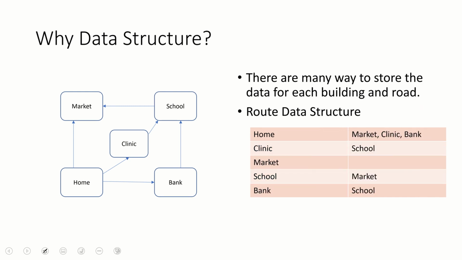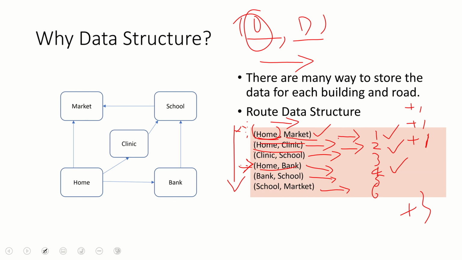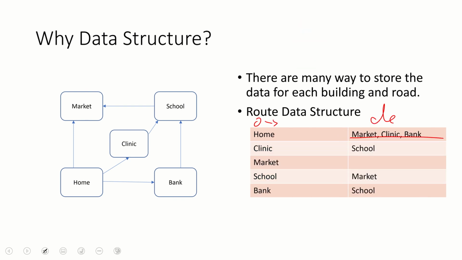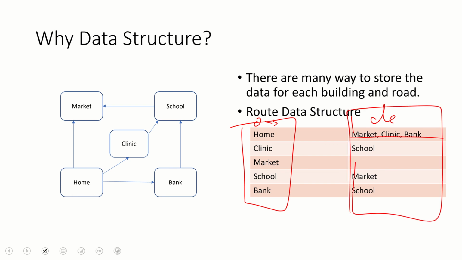There's another way. We list the original place over here and list the possible places they can visit in one column. So the big difference between this one and the previous one is that we list the original place in one column and the possible places in another column.